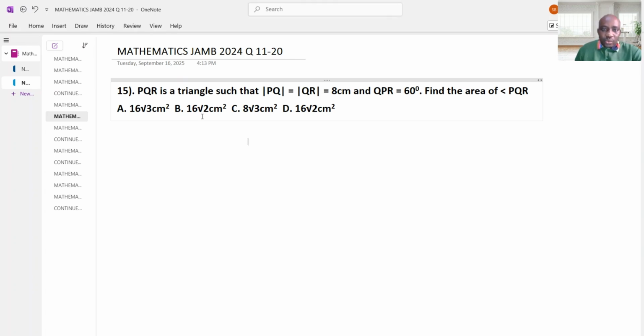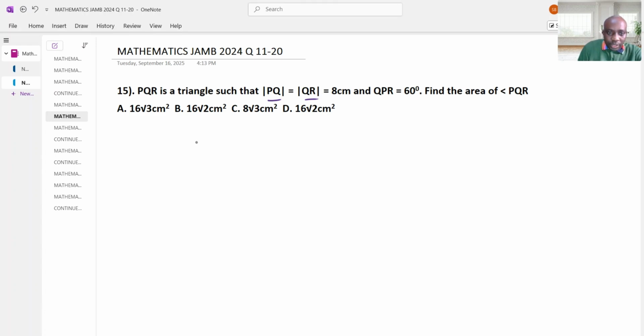PQR is a triangle such that PQ equals QR equals 8 centimeters and angle QPR equals 60 degrees. Find the area of triangle PQR. Now for the question to say PQ and QR equal 8, it means they have equal sides, which makes it look like an isosceles triangle.